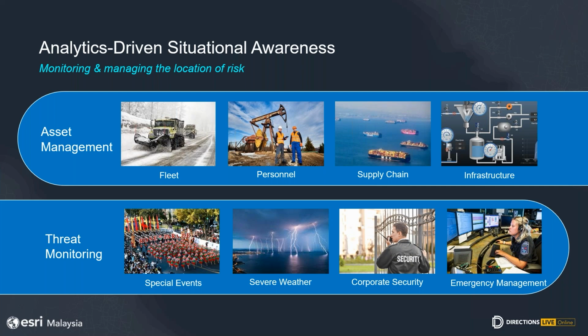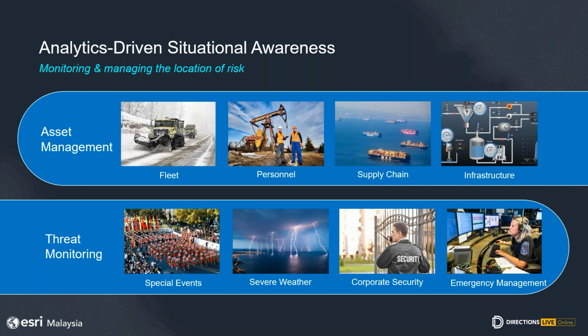Real-time data can also be used for crowd monitoring. For example, during special events, it provides real-time updates to safety personnel and first responders to enhance their ability to respond to incidents. And then we have the capability to enable emergency management agencies to consolidate real-time data into a single view for efficient resource deployment.